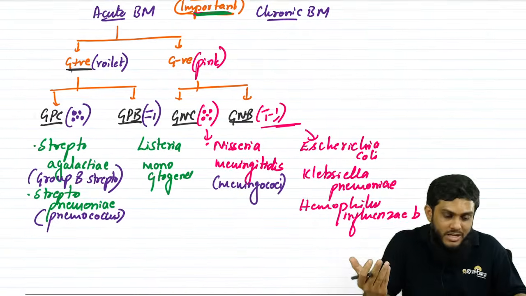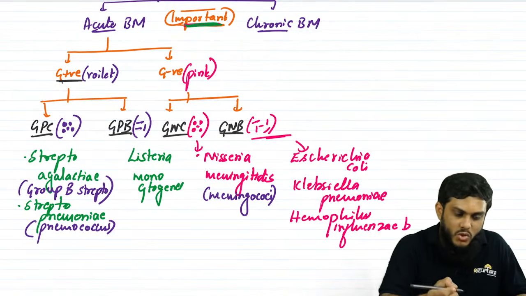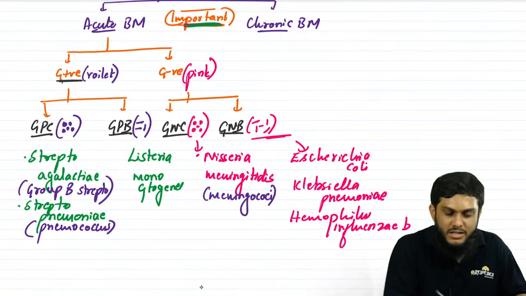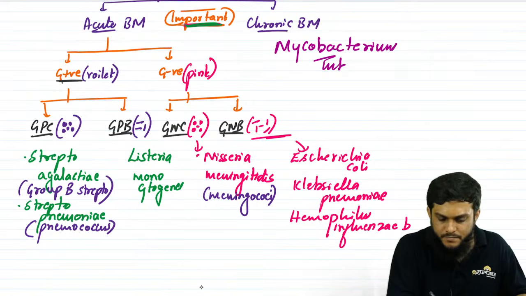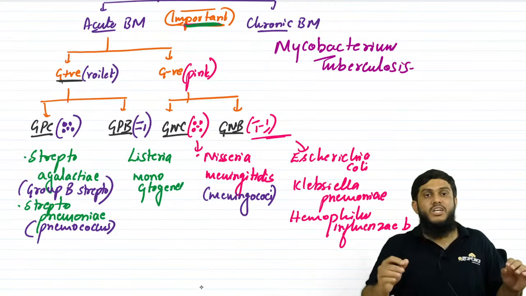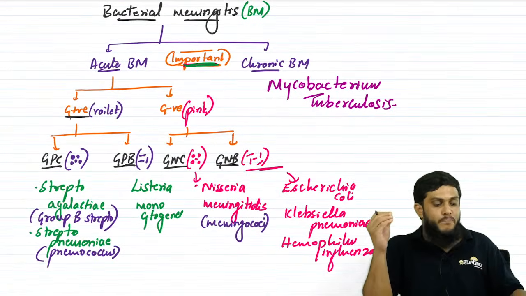If we talk about chronic bacterial meningitis, there is only one important bacteria which can cause chronic bacterial meningitis, and that is Mycobacterium tuberculosis. So all the important etiological agents which cause bacterial meningitis, acute and chronic, are in front of you now.